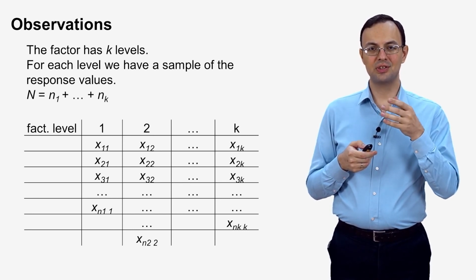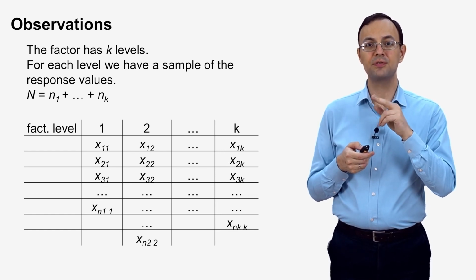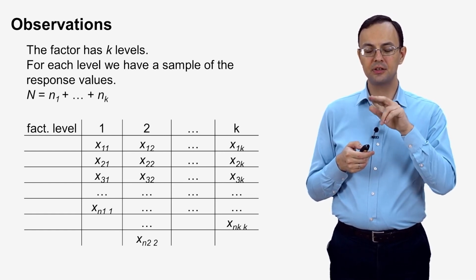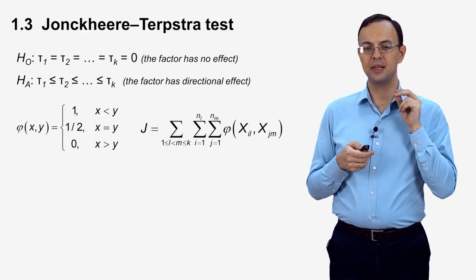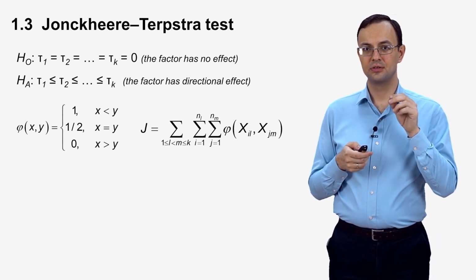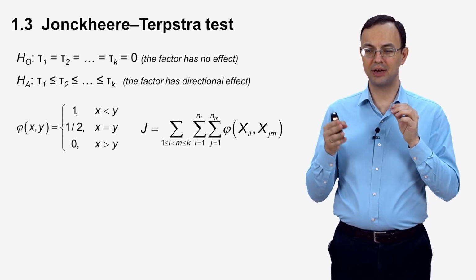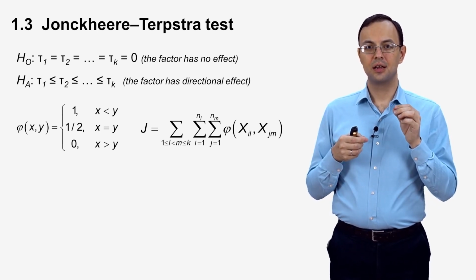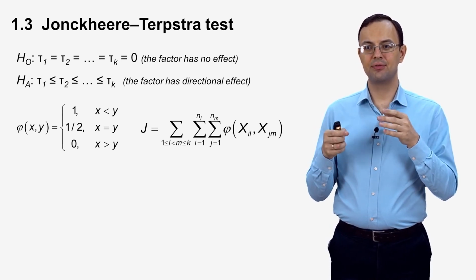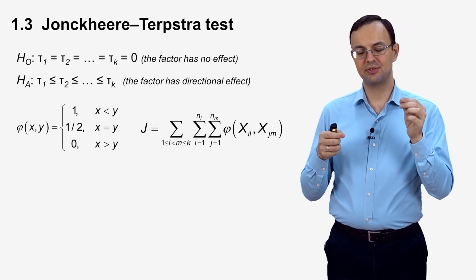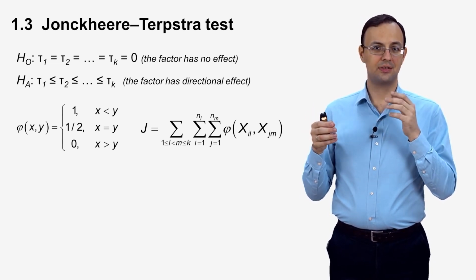So in practice, this means that you compare all possible pairs of the response values. Any pair is to be compared. And if the value that is to the left is less than the value that is to the right, we add 1 to our counter. If they are equal, we add 1/2. And if the value that is to the left is greater than the value that is to the right, we add 0.